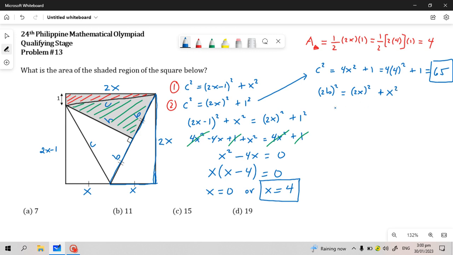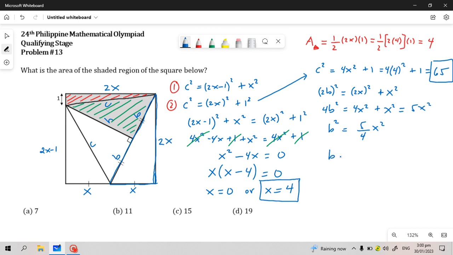Then we have 4b squared equals 4x squared plus x squared, and that's equal to 5x squared. Now we solve for b squared, and we have 5 over 4 x squared.